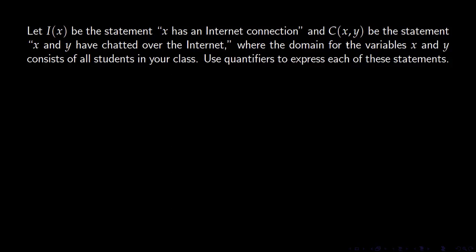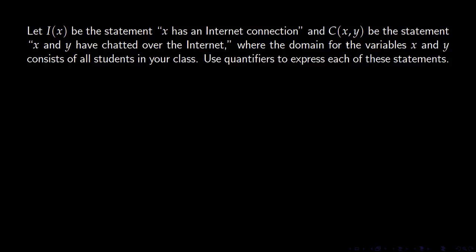So here the domain is the set of all the students of your class. Over this set, these two statements are defined. One contains a single variable x, and the second statement contains two variables x and y.